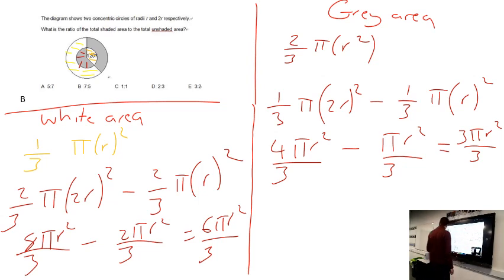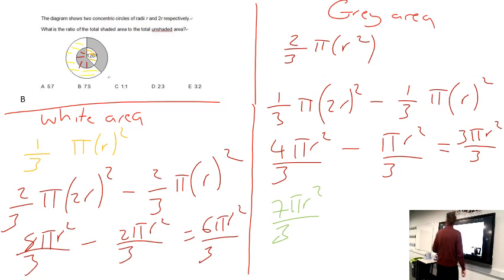Okay, so let's put it all together. Let's look at the white areas. So we've got pi r squared over 3 plus 6 pi r squared over 3. So that is going to be 7 pi r squared over 3.